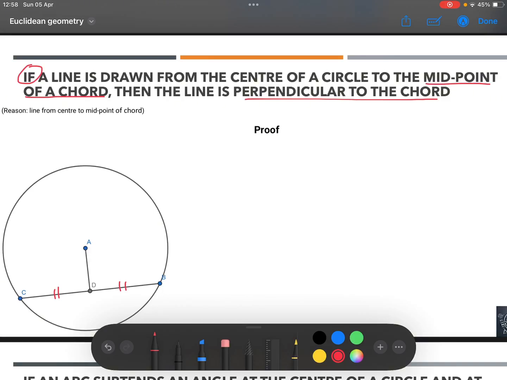So now, okay, the first thing we're going to do is the construction. By constructing, we're going to draw or join. Let's join line AC and AB, right?